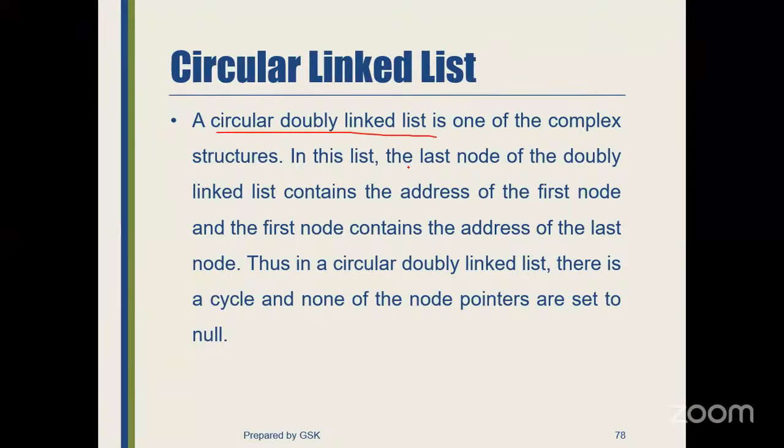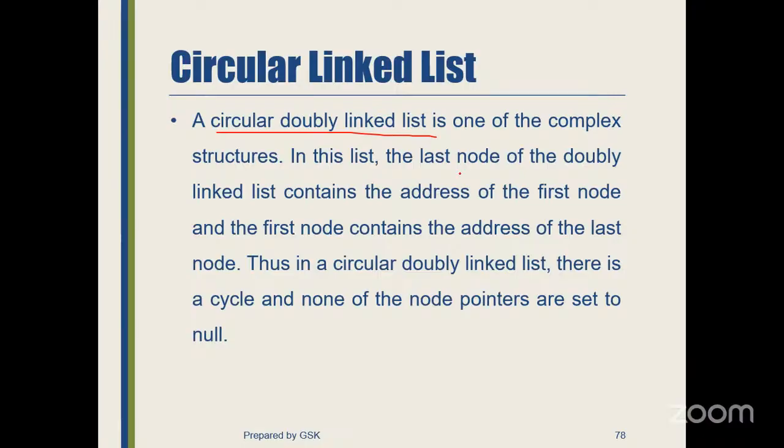Circular doubly linked list is one of the complex structures. In this list, the last node of the doubly linked list contains the address of the first node. This is a very important point. Let me read once again.